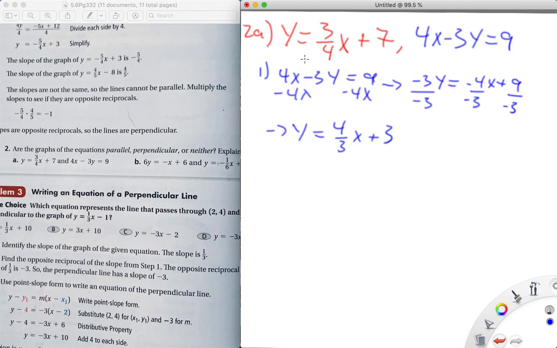The slope for the first equation is 3/4. The slope in this equation is 4/3. They're not the same. They're not negative reciprocals. Therefore, it's not perpendicular. It's not parallel. It's neither. So it's just two different lines.